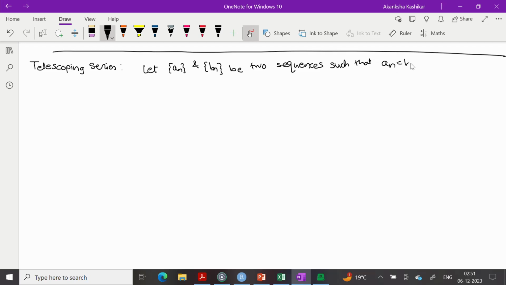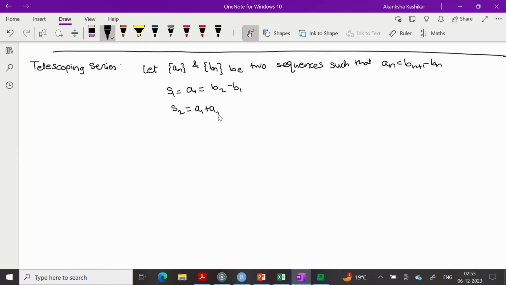a_n is equal to b_(n+1) minus b_n. So they are not arbitrary sequences, they are related to each other in this manner. That is, the difference of two consecutive terms of b_n is same as a_n. Now what happens in this case? My S1 is simply a1, which is b2 minus b1.